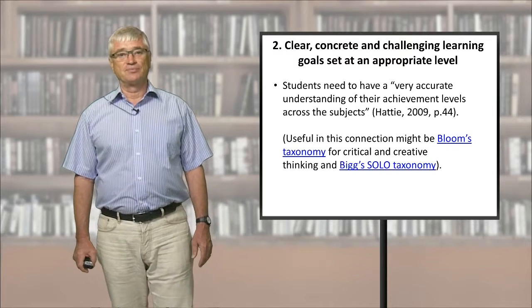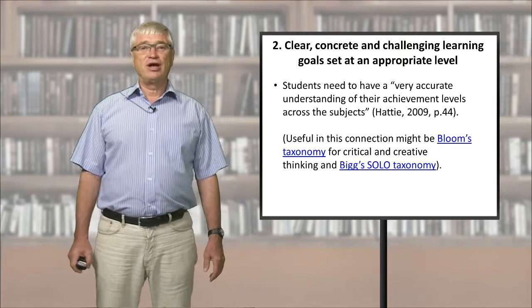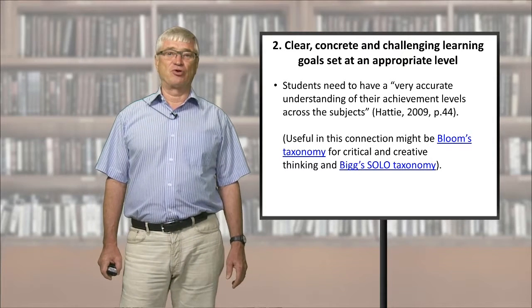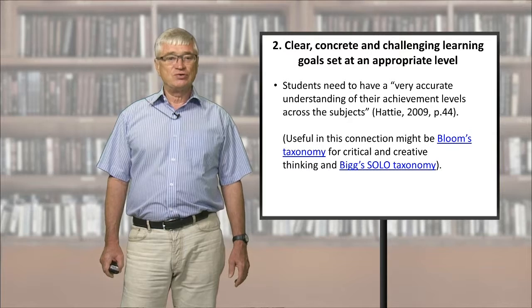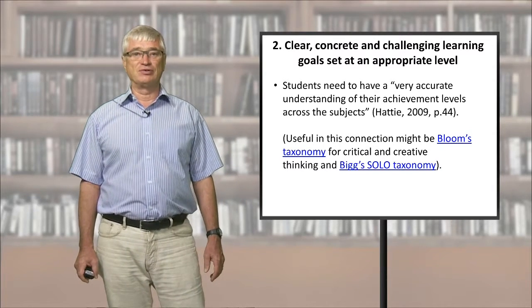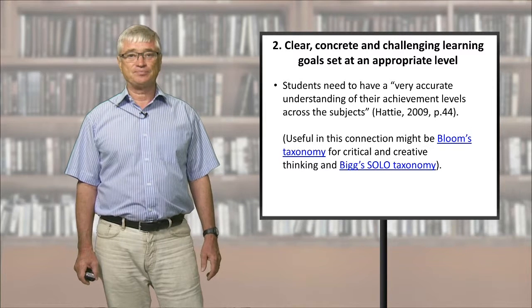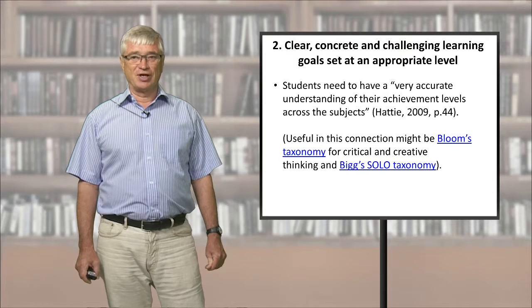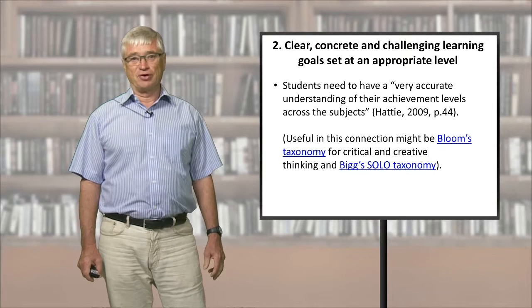The second rule is we need clear, concrete and challenging learning goals set at an appropriate level. Students need to have a very accurate understanding of their achievement levels across the subjects. It is so much easier to learn if you know exactly what you want to learn.